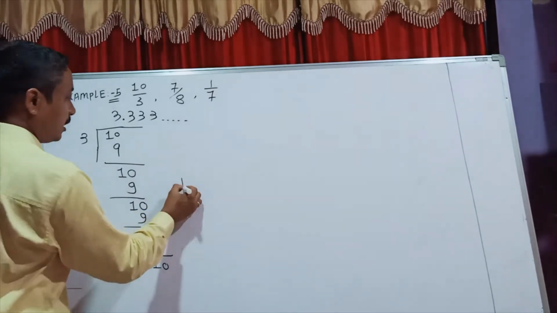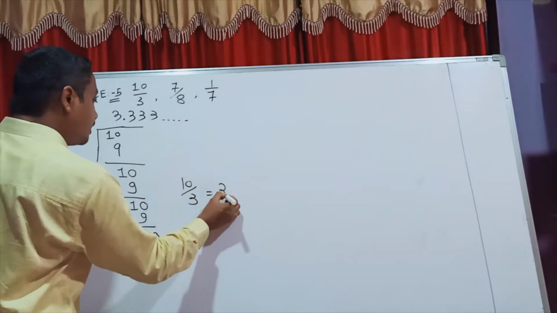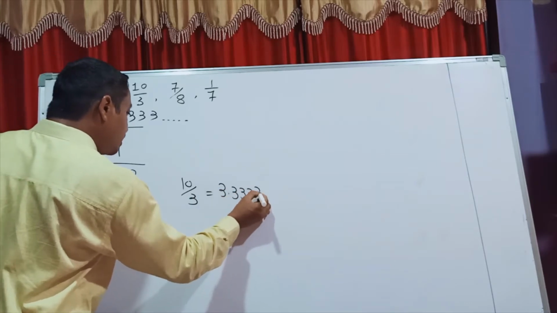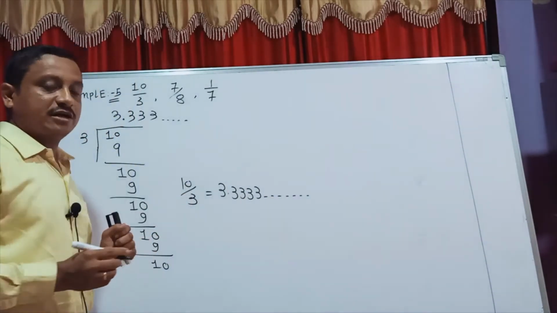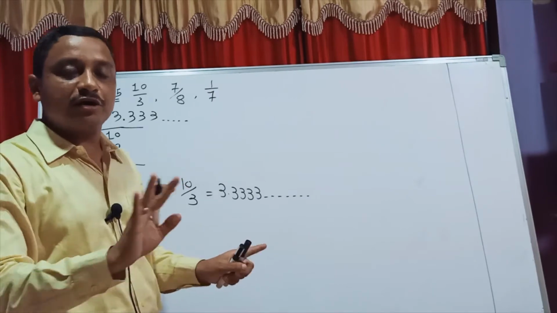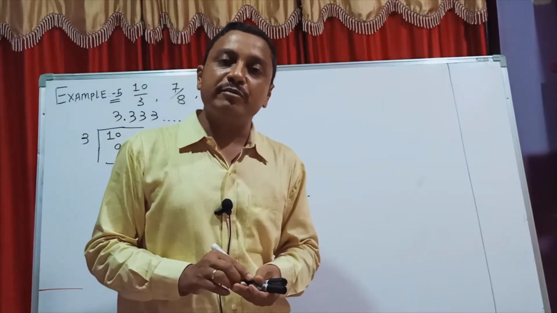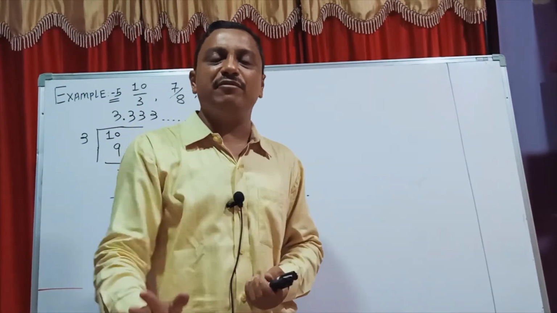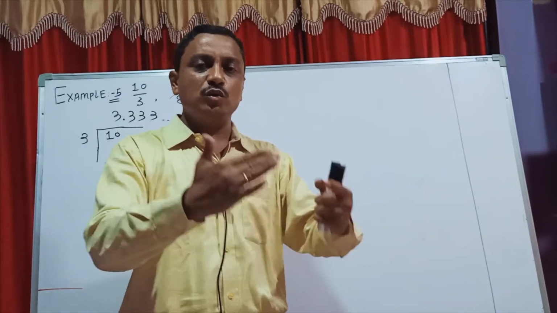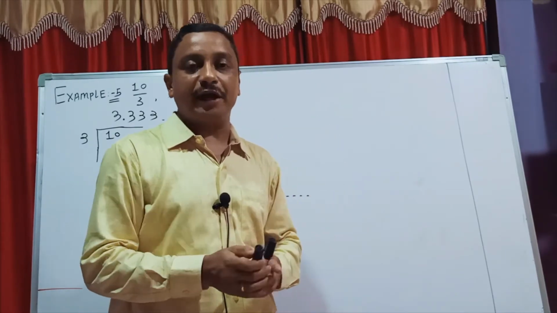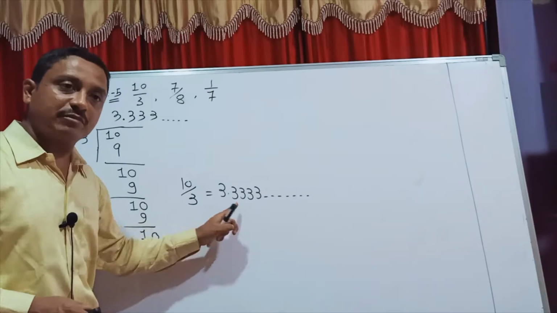So our 10 by 3 is 3.33333333. Check, this is non-terminating. Non-terminating means it does not stop at any point. It continues moving ahead and ahead. And check, it is a repeated number.